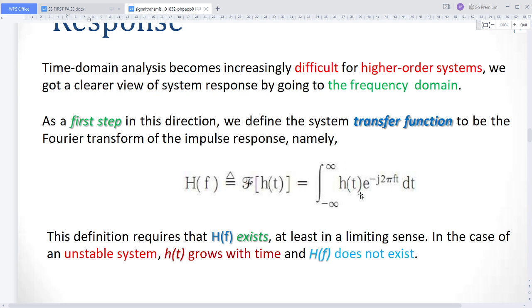On this we apply the Fourier transform, that is the integral from minus infinity to plus infinity of h of t into e to the power of minus j 2 pi f t dt, and in place of 2 pi f you can also use omega.